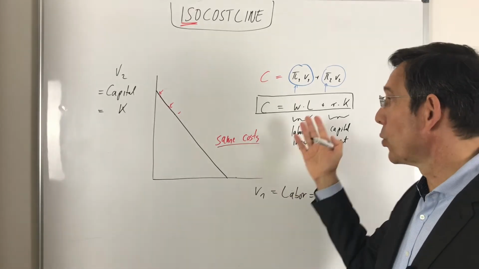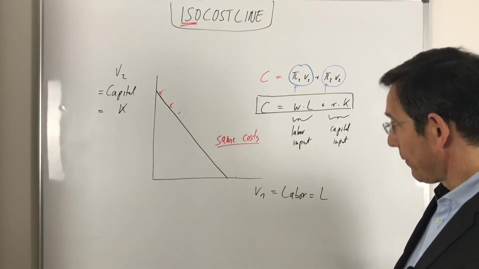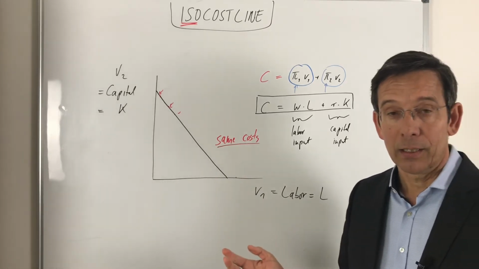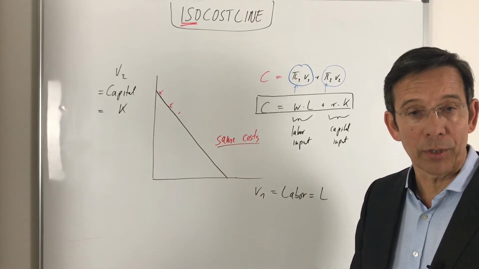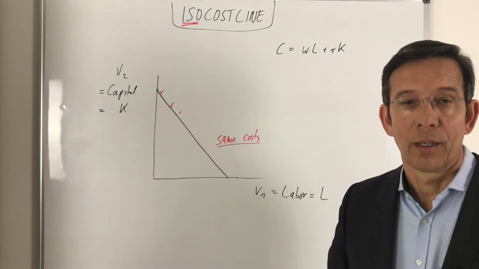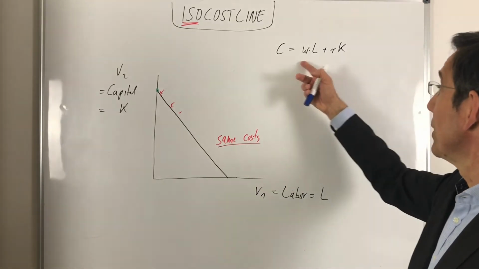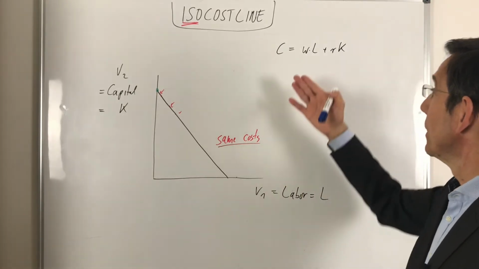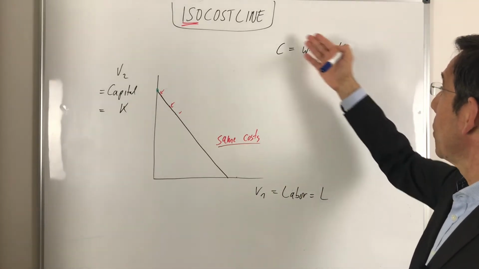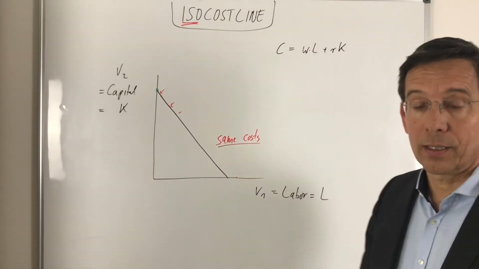And now we can derive the slope of the isocost line by rearranging the isocost line. Why don't we do that? Now we want to rearrange the isocost line and show that this equation here is exactly this line.